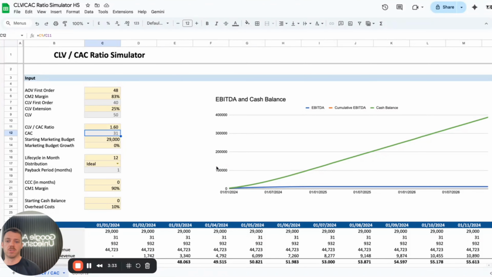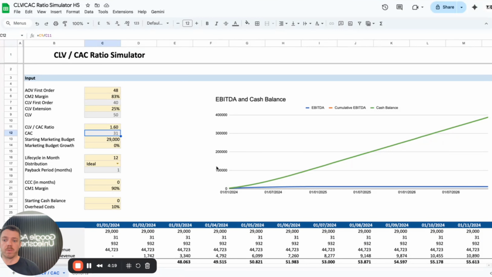And something that we use here from Get Clar is a tool that is called the CLV CAC ratio simulator. There's lots and lots of free content online where you can download such sheets like you see in here, which I'm looking at right now as well, which is basically where you can hammer in certain pieces of information in order to simulate your ideal customer lifetime value to customer acquisition cost ratio, through which you can then calculate your ideal CAC in order to make the business grow and to achieve the growth that you want.